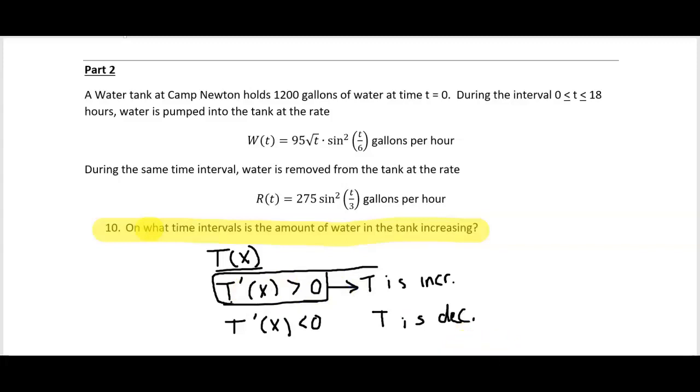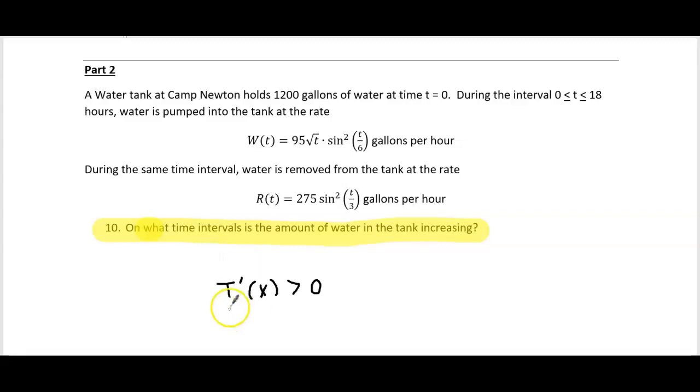All right, fair enough. So how do we do this then? Well, we already know something, don't we? From an earlier question, we know that t prime is equal to w of x minus r of x. So t prime is greater than 0 anytime w of x minus r of x is greater than 0.